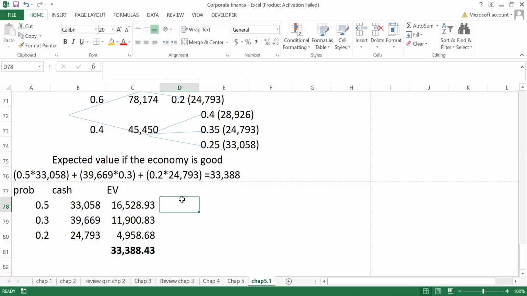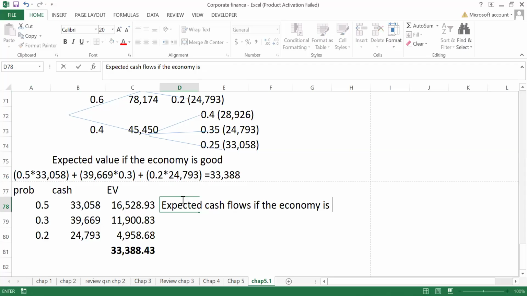So what will be the expected cash flows if the economy is good? Is it good again or is it bad? No, yes, because we have not yet completed, that is only the second year.